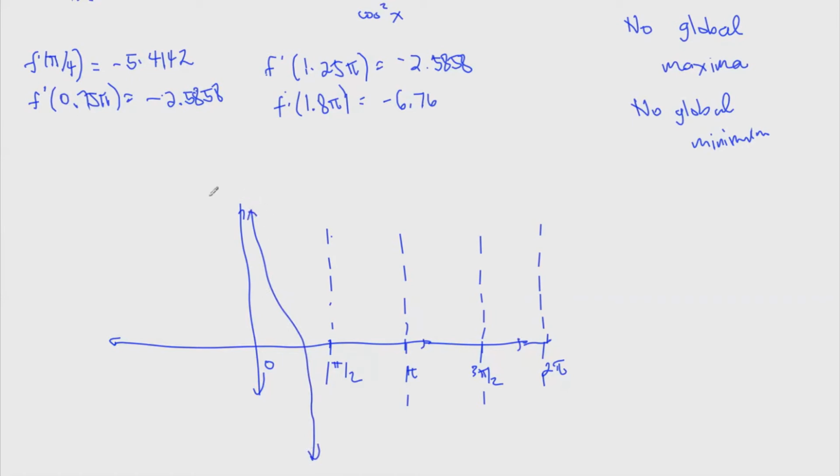The behavior you will know when you try to substitute values further. If you don't know how to find the values, just provide a table of values so you can see the trend as well. In this case, pi is not included, so it will proceed something like this, and then it will have a symmetry, right?